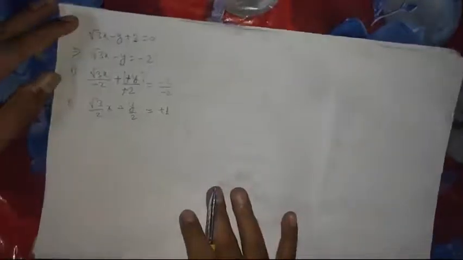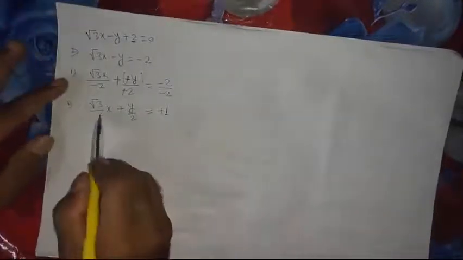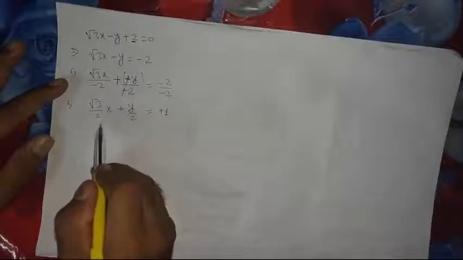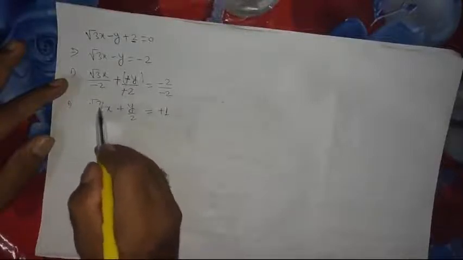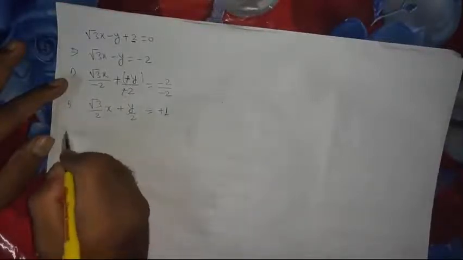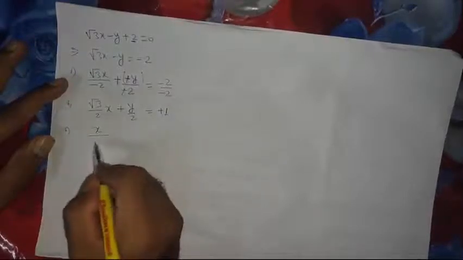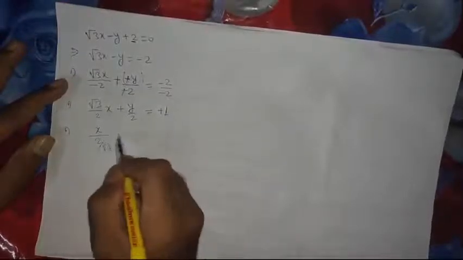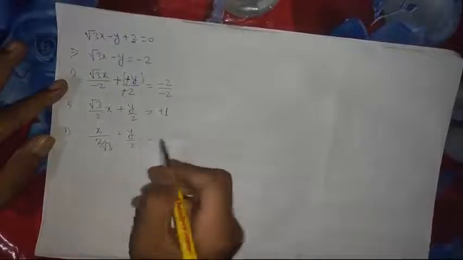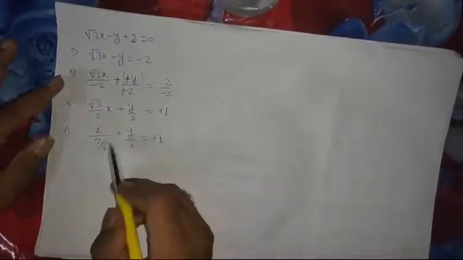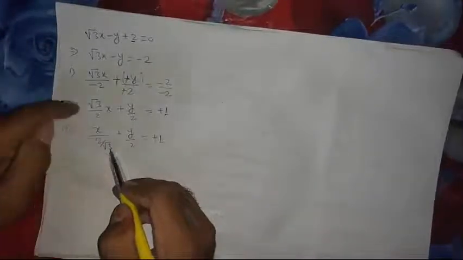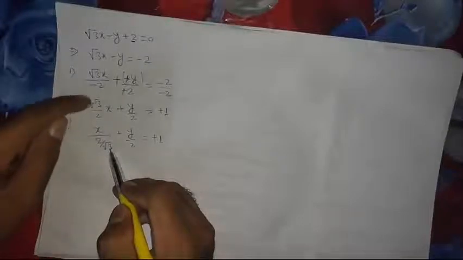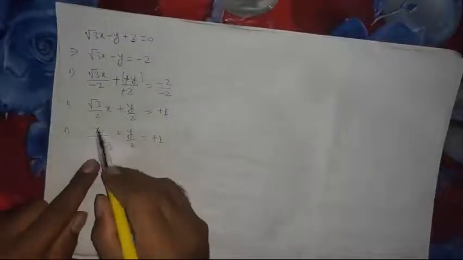But still, see this part, x by a. We have to send this root 3 to the denominator, so it will look like x by 2 by root 3 plus y by 2 is equal to 1. I sent root 3 to the denominator because I need x by a.